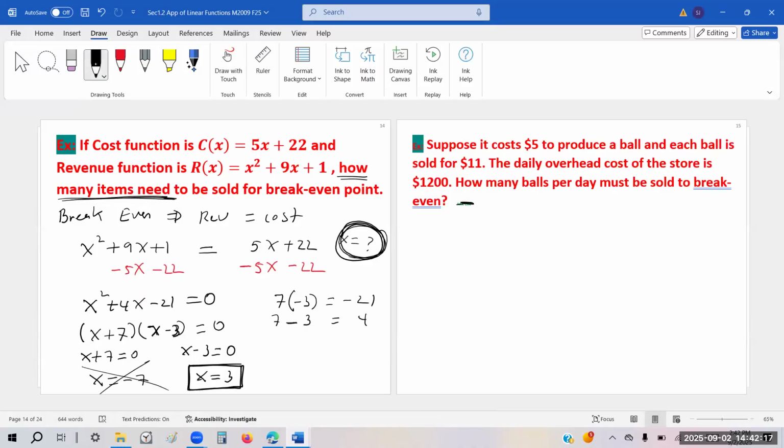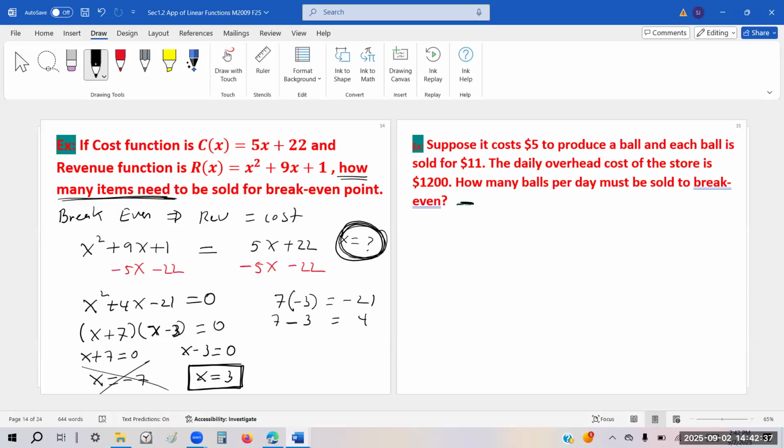Okay, try the next one. You didn't have to try one. You can talk with your neighbors and try it. It says, suppose it costs $5 to produce a ball and each ball is sold for $11.